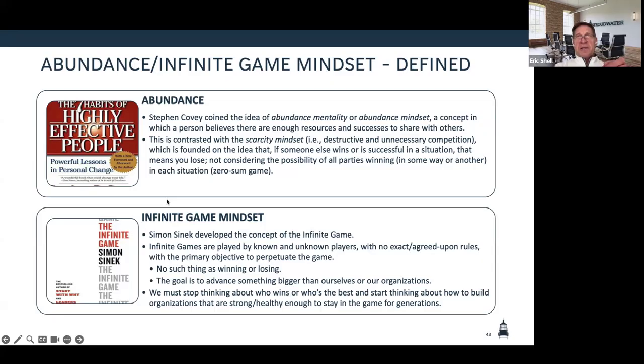I see the opposite side of the same coin in this book by Simon Sinek. Is anyone familiar with Simon Sinek? I find him one of my favorite authors. He wrote a book called The Infinite Game, and what he said is that in business, our organizations essentially live in a world without rules of engagement.